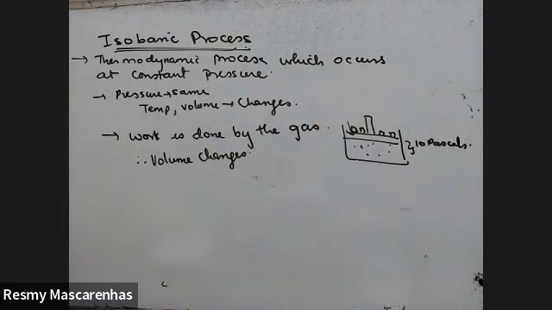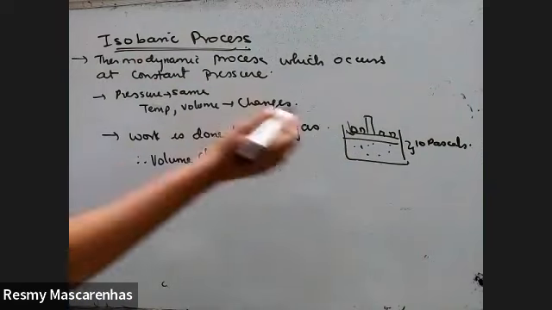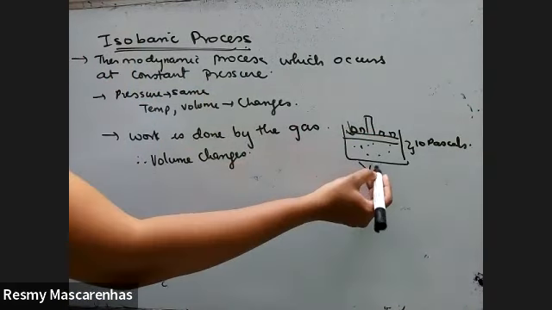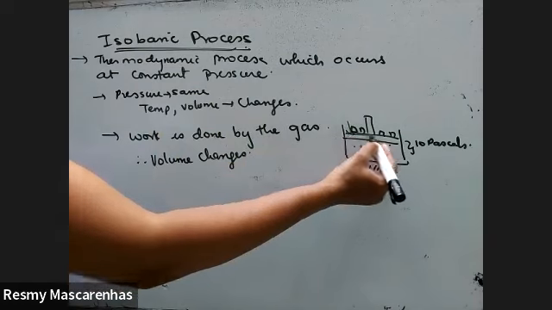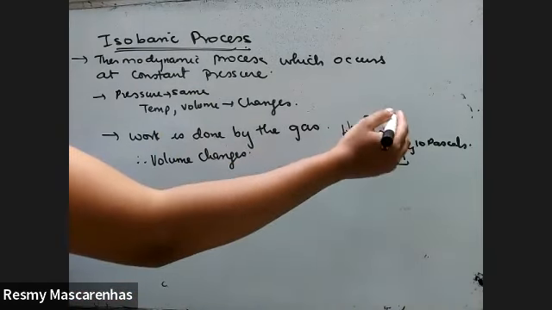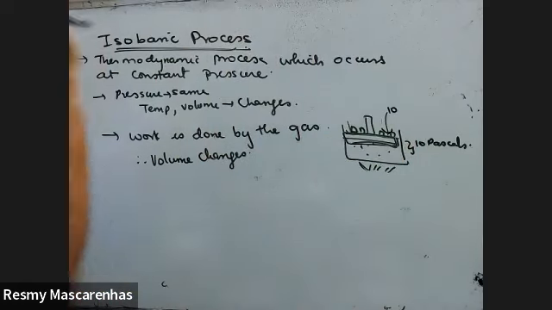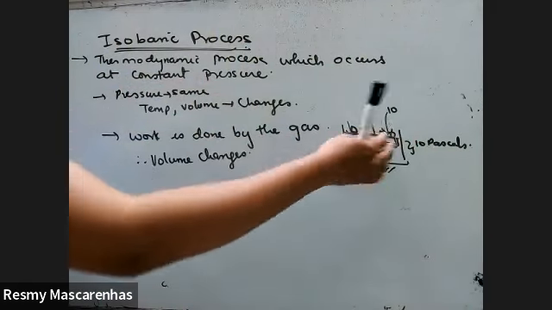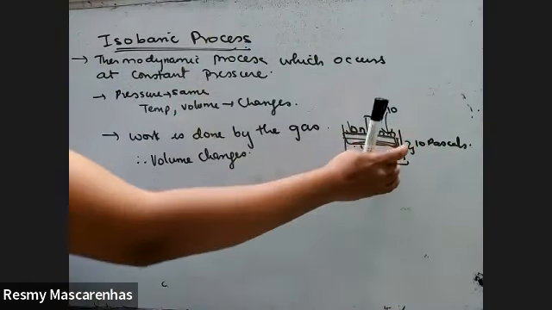I am not going to change the pressure at all. I have kept it fixed at 10. Whatever pressure was there initially, I'm not going to change it. That much weight I've provided, and I'm not adding any weight to increase the pressure on the gas. So I've maintained this at 10.